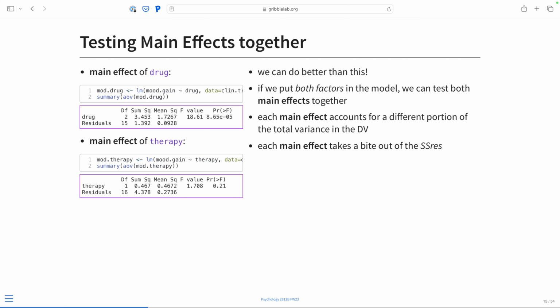And we can guarantee that because unlike multiple regression, where the independent variables can be correlated with each other, here, because it's a factorial design, the different factors are by definition independent from each other. So each main effect takes a unique bite out of the total variance in the data.